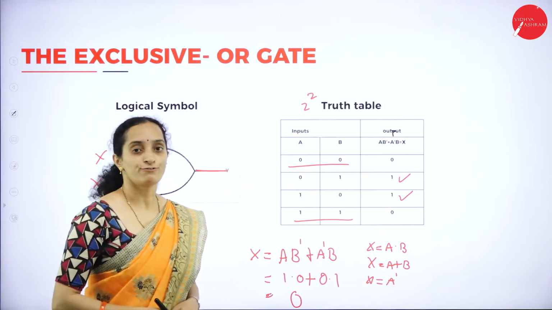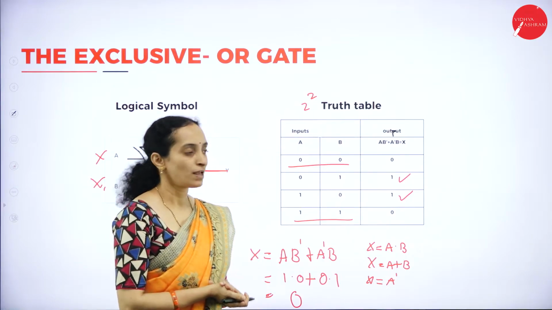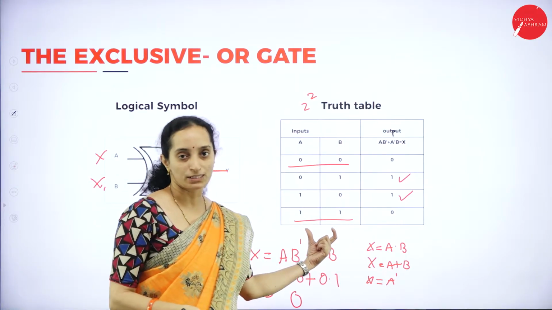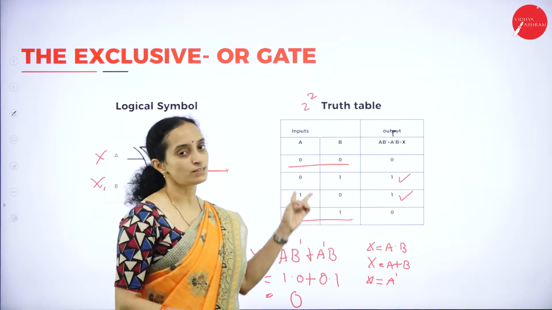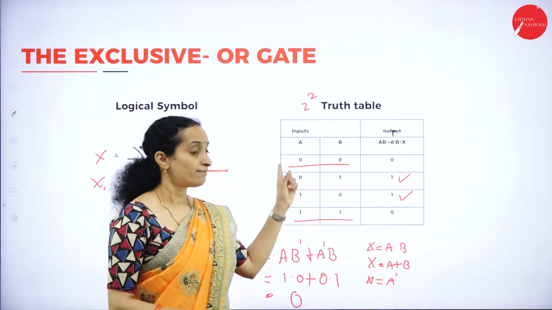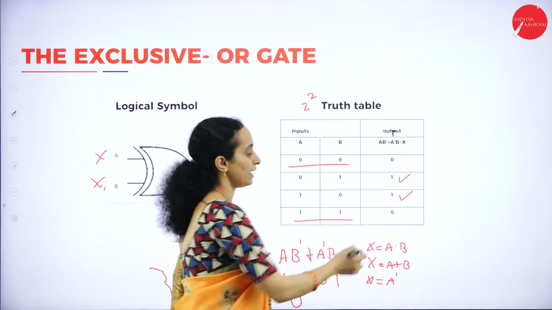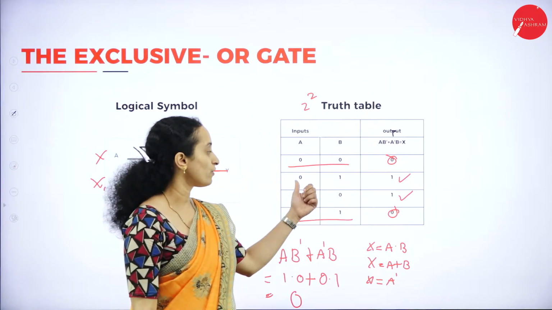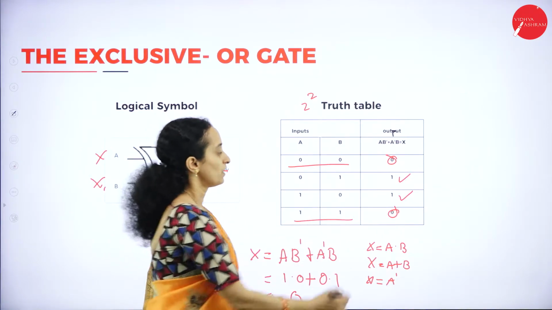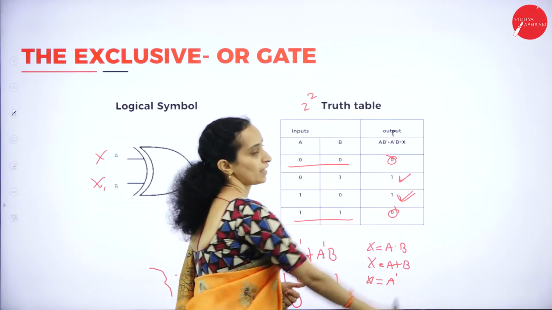So, what is the meaning of this truth table? When both the inputs are 0 or both the inputs are the same, that means both zeros or both ones, you will get the output as 0. When you have varying inputs, you will get 1.